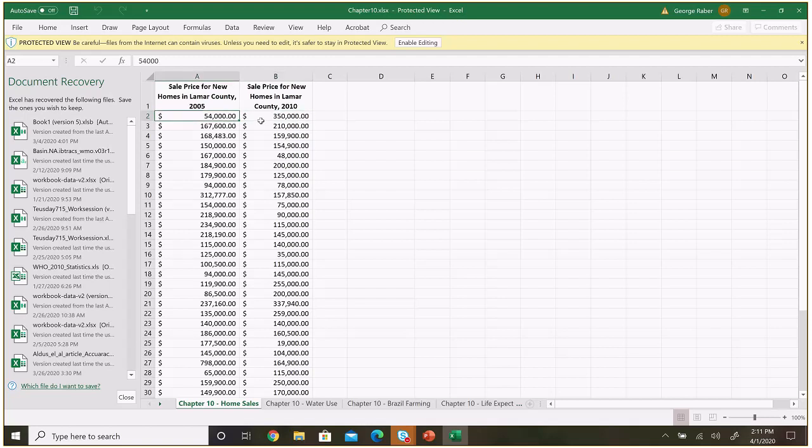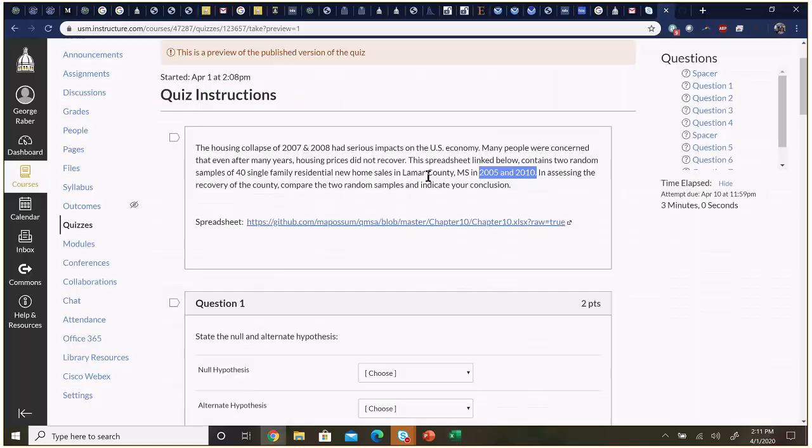This is just like the question that we did with the countries. Instead of the higher developed countries and the lower developed countries, we're doing sale prices in 2005 versus sale prices in 2010. That's how you answer that question.